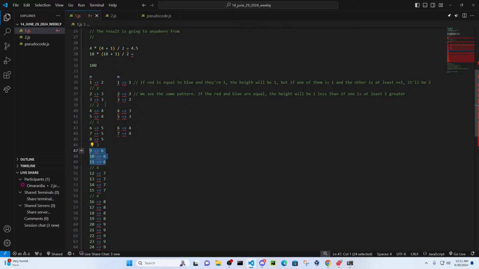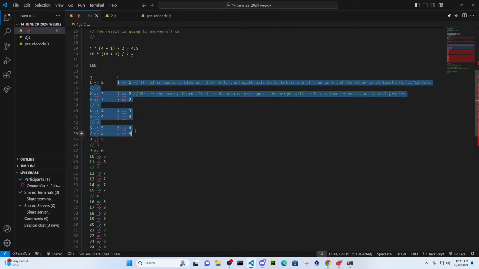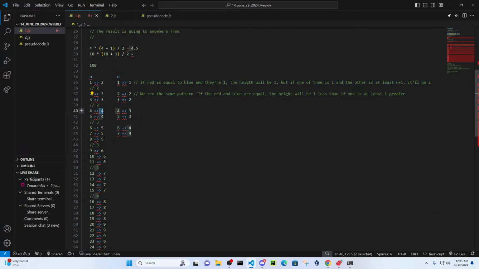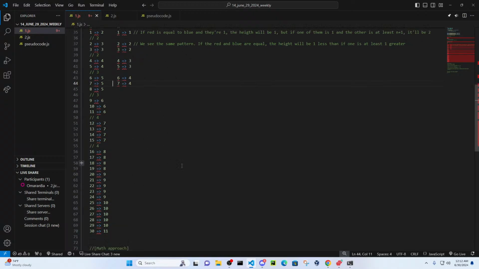So you can see how we have a pattern of 2, 2, 3, 3, 4, 4. So I was wondering if there was a way I could break that down into a formula. And this side, it was always going to be 1 less than whatever we have on this side. So I was thinking it was something like n divided by 2 plus 1 or something like that. But do you guys see what I was trying to do here or have any idea?